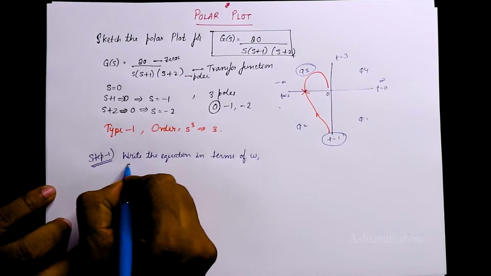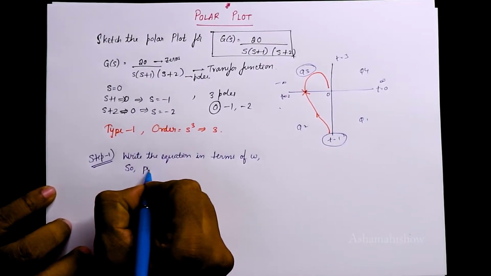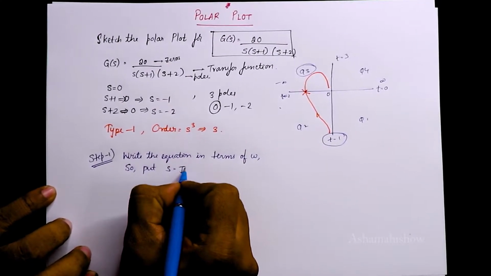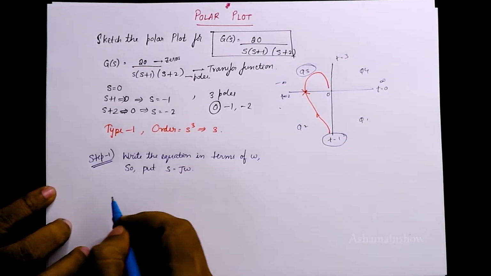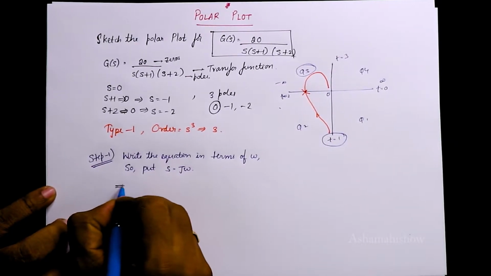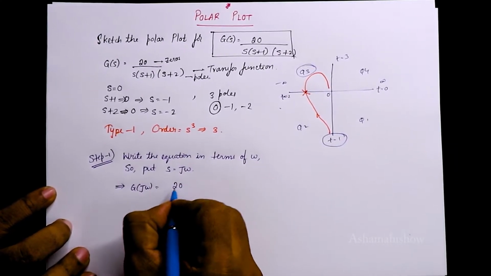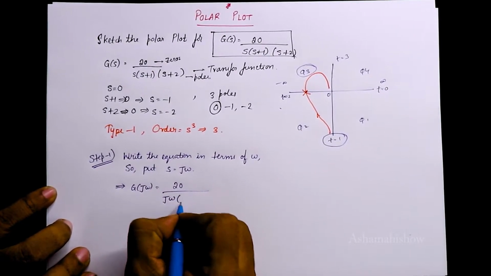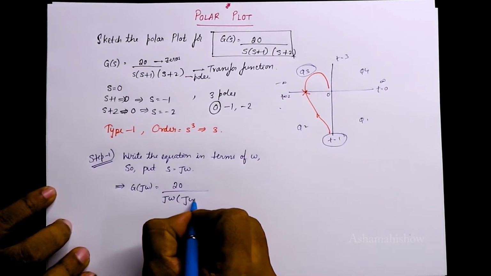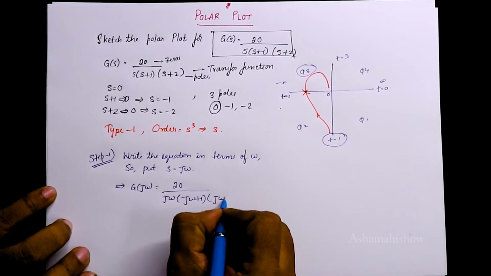We need to put s = jω in our transfer function. So this implies G(jω) = 20 / (jω(jω+1)(jω+2)).